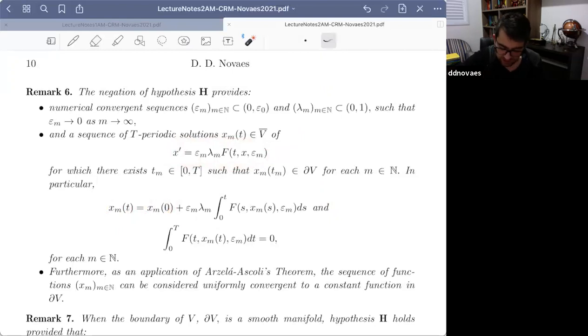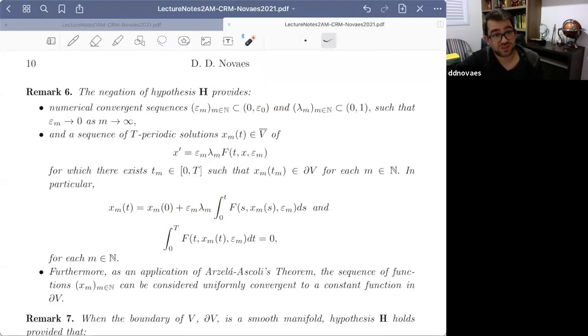Since it is T-periodic, when we compute it at the period T, it must coincide with x m evaluated at 0, its initial condition. And since epsilon m and lambda m are distant from 0, we conclude that the integral of this function between 0 and capital T is equal to 0. This is an important fact in order to check that hypothesis H holds.